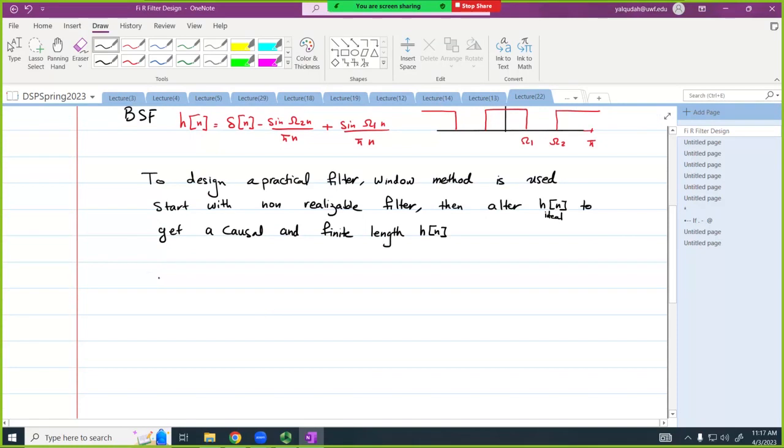So therefore, what we're going to have to do to get a causal and finite length impulse response, we're going to truncate, and then we're going to weigh the desired impulse response.